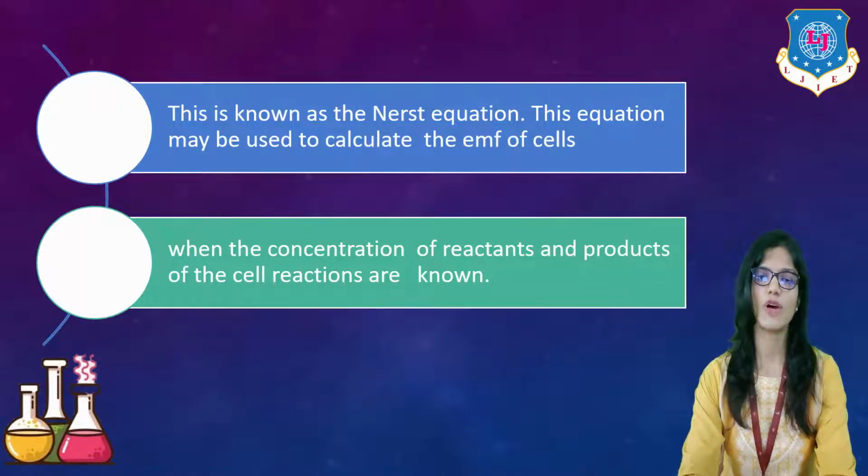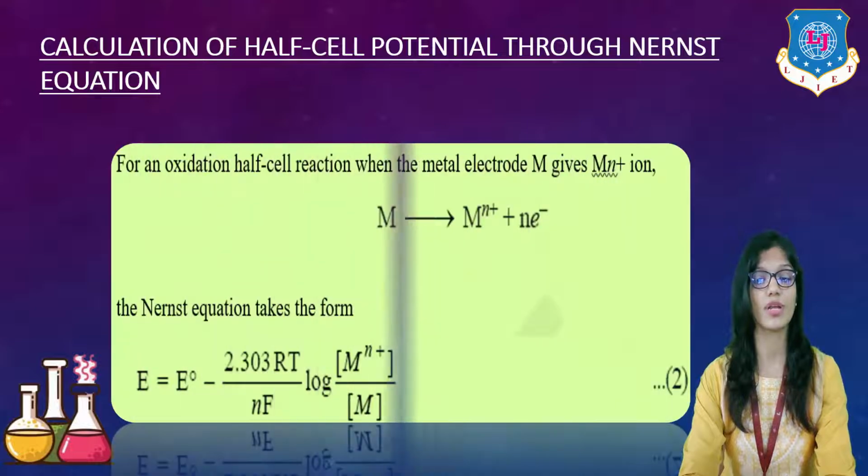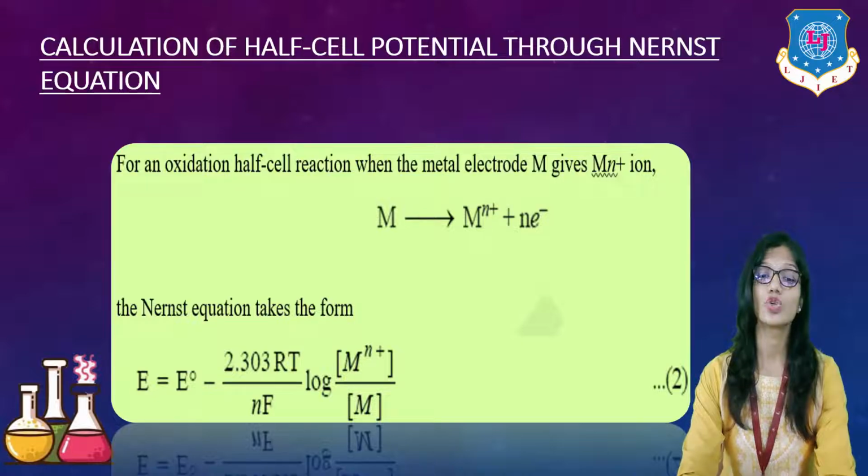Now, calculation of half cell potential through the Nernst equation. For an oxidation half cell reaction, when the metal electrode capital M gives M n plus ion, M will get converted into M n plus, and n electrons will be released.